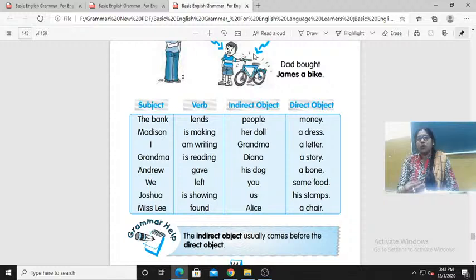Suppose, my mother gave me a pen. One example I gave you. So my mother is of course the subject, gave is the verb, and a pen is the direct object. How can you identify this direct object?